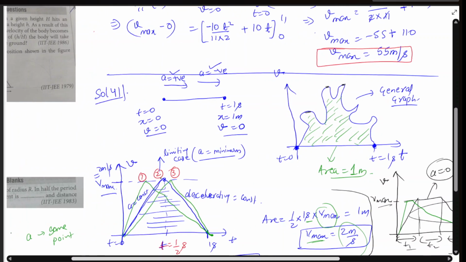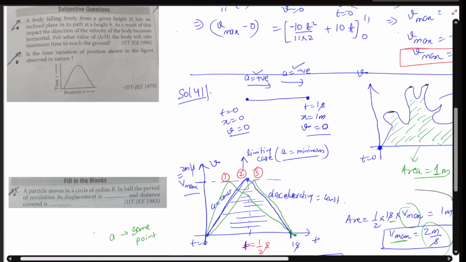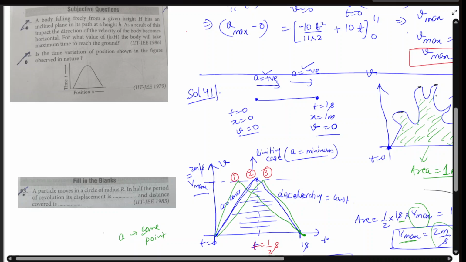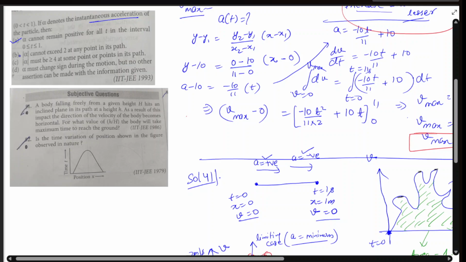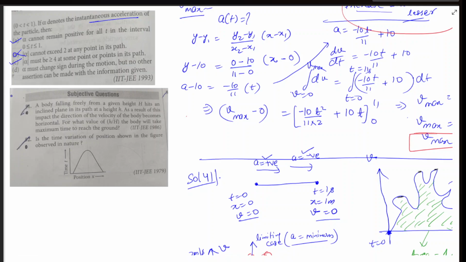So this was our limiting case. The second case was the minimum case. Minimum acceleration will be 4, and for all the other cases, acceleration will automatically turn out to be more than 4. So what will be the options? B is not correct, so B is wrong, C is right.